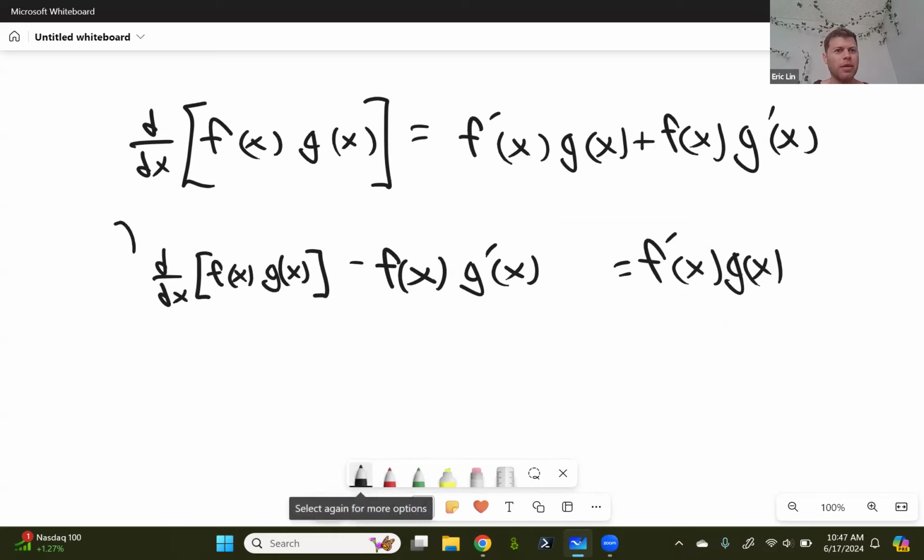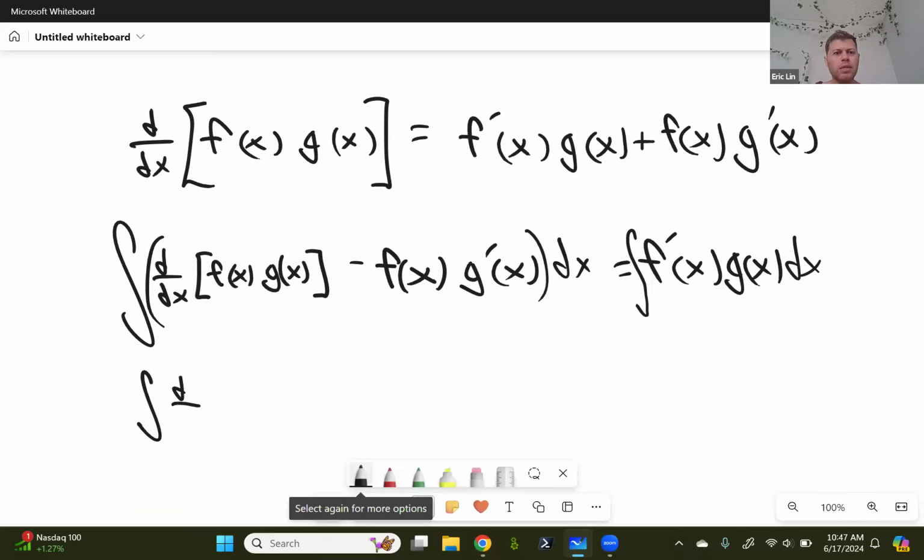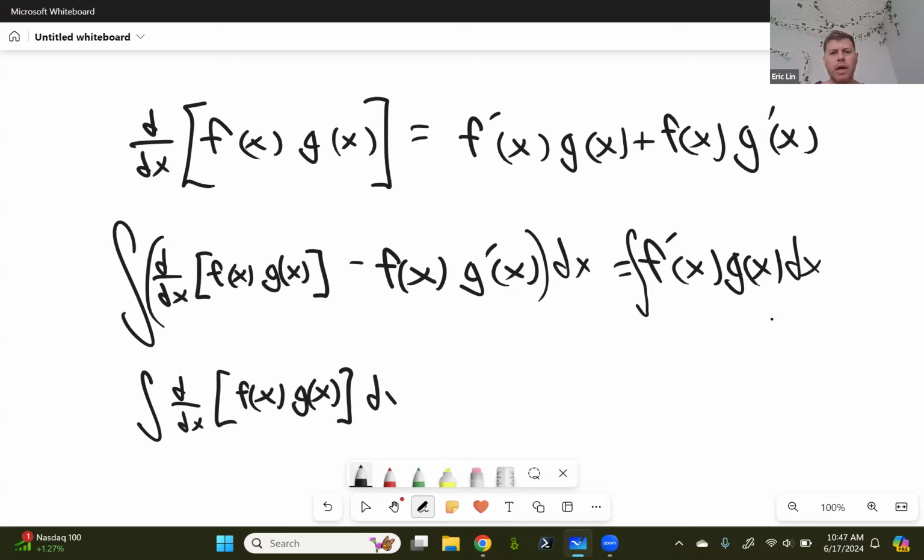I'm going to integrate both sides, take the antiderivative of both sides. So keep in mind that is the thing that I'm integrating over on the left-hand side, which I'm going to go ahead and split up. So we've got the integral of d/dx of f of x, g of x, dx, minus the integral.